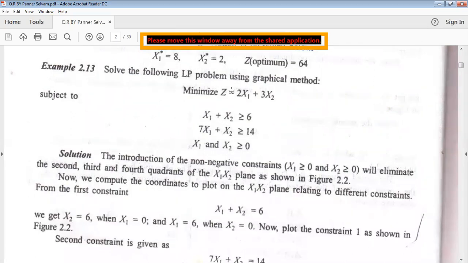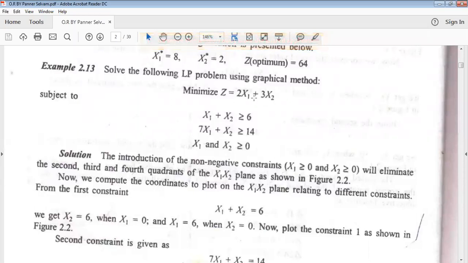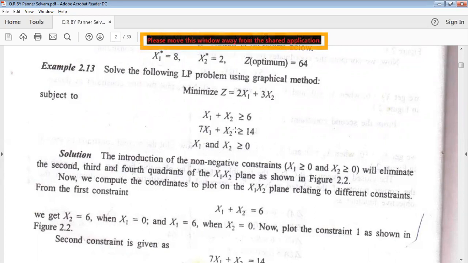Next, solve the following LP problem using the graphical method. This is another problem. Minimize z is equal to 2x1 plus 3x2, subject to the constraints x1 plus x2 greater than 6, 7x1 plus x2 greater than 14. So there are two constraints which are greater than.